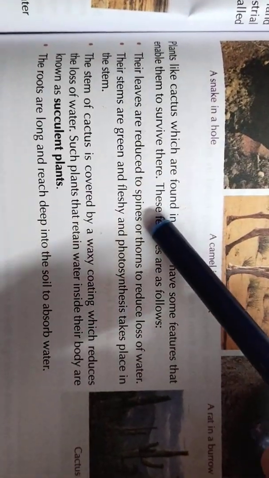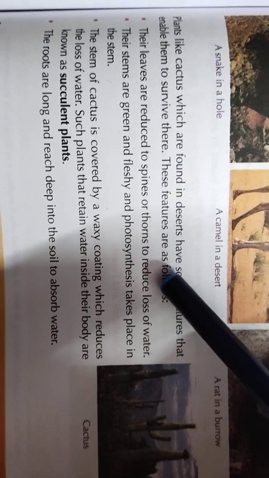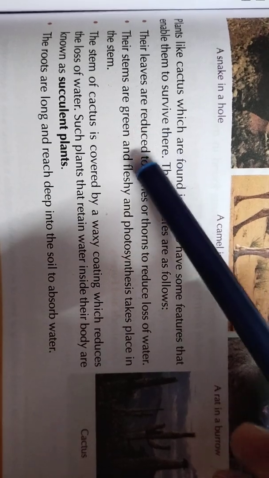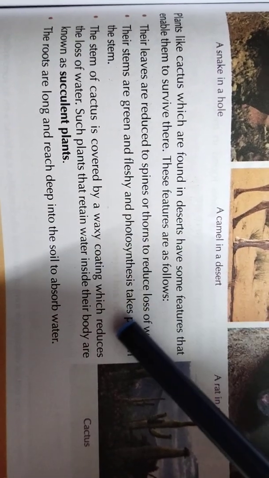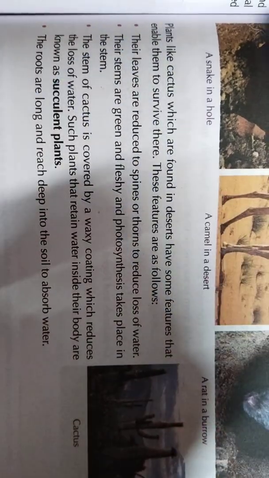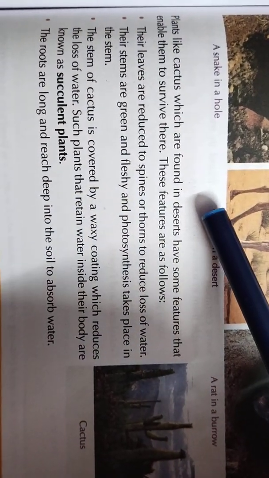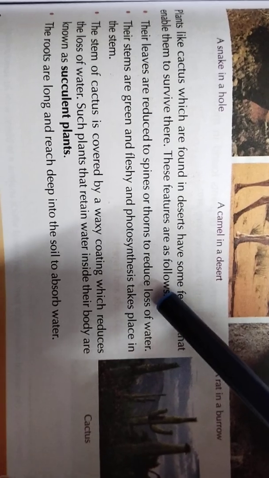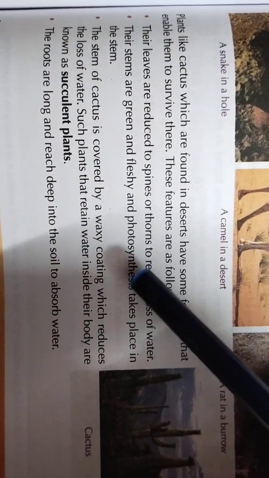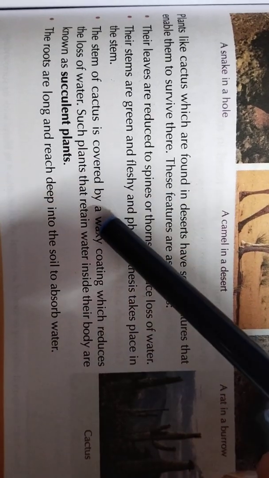Their leaves are reduced to spines or thorns to reduce loss of water. Okay. Their stems are green and fleshy, and photosynthesis takes place in their stem, not in leaves, because leaves are converted into thorns to reduce the loss of water. The stem of cactus is covered by a waxy coating which reduces the loss of water.